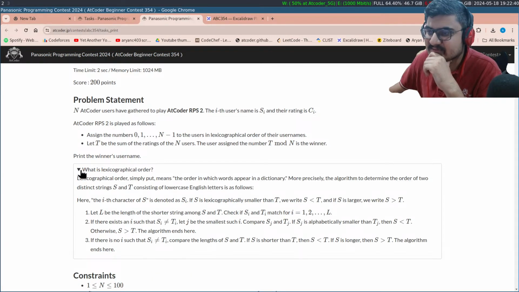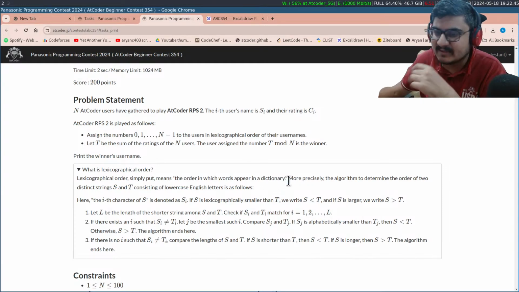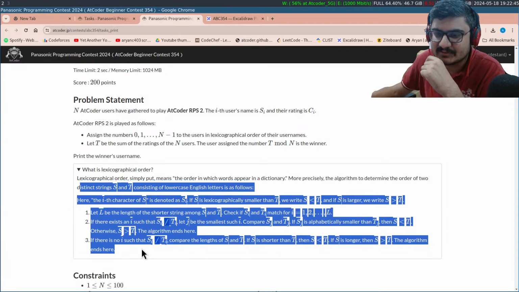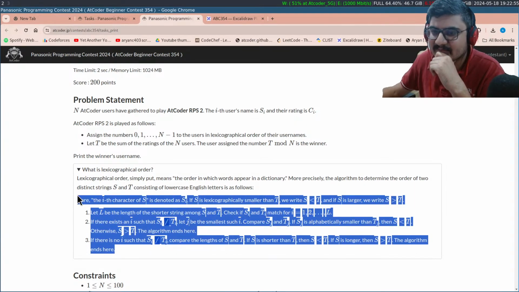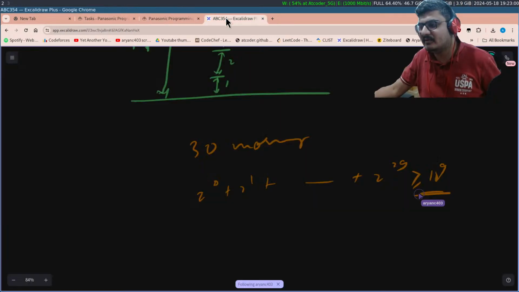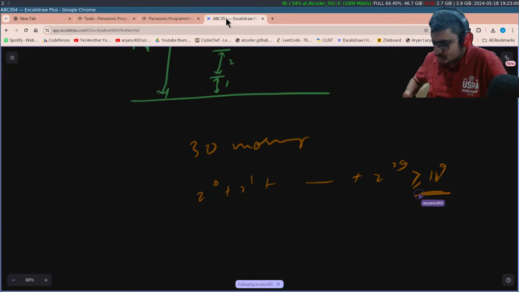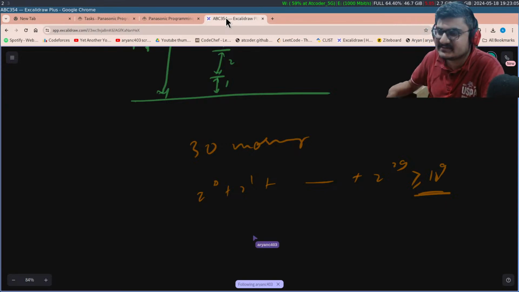It also says what lexicographical order is. Lexicographical order, simply put, means the order in which the words appear in a dictionary. And then there is a formal definition to it. The idea I had was, because we need the dictionary order, we can directly use the less than sign, which strings have just like integers.